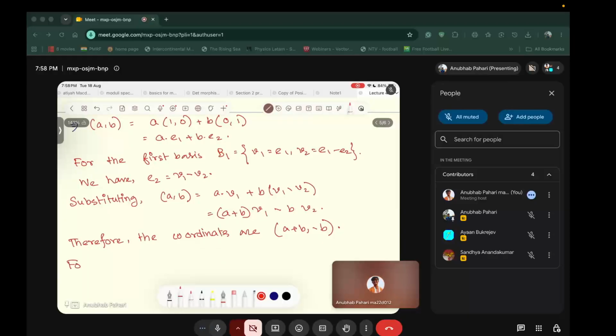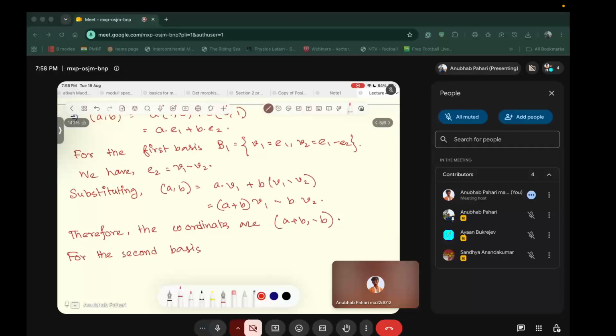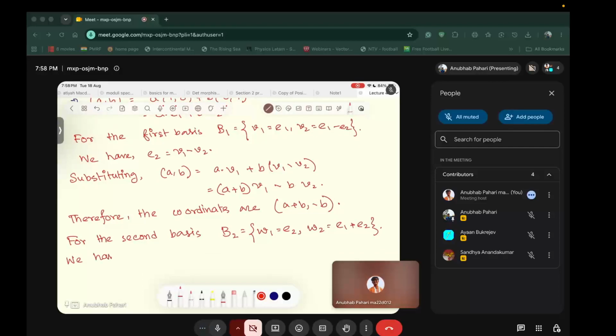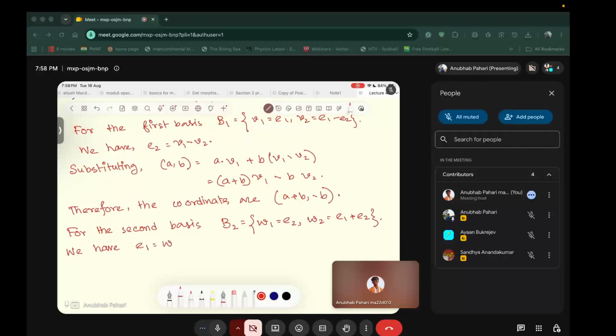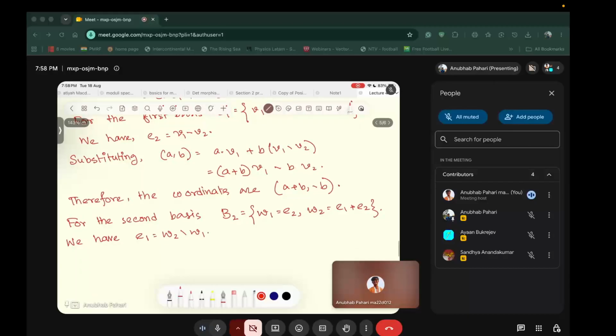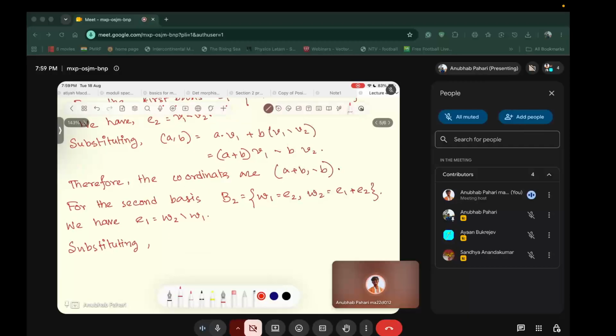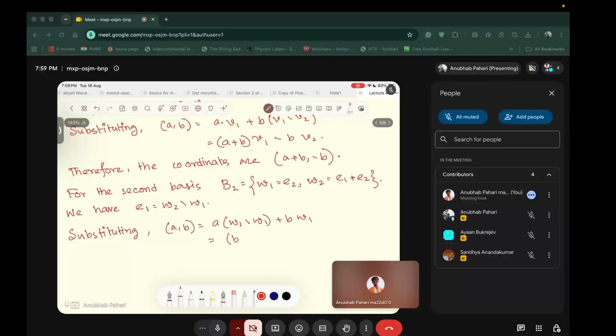Now for the second basis B2, w1 equals e2 and w2 equals e1 plus e2, then we have e1 equals w2 minus w1, and substituting, we have (a, b) equals a of w2 minus w1 plus b of w1, which equals b minus a of w1 plus a of w2.